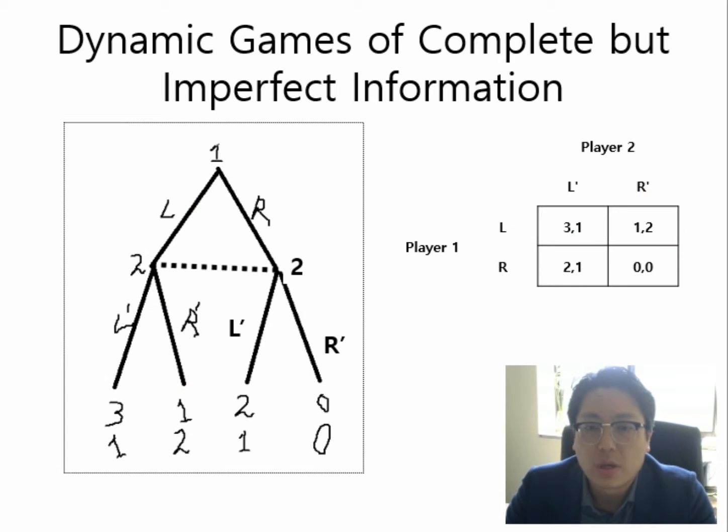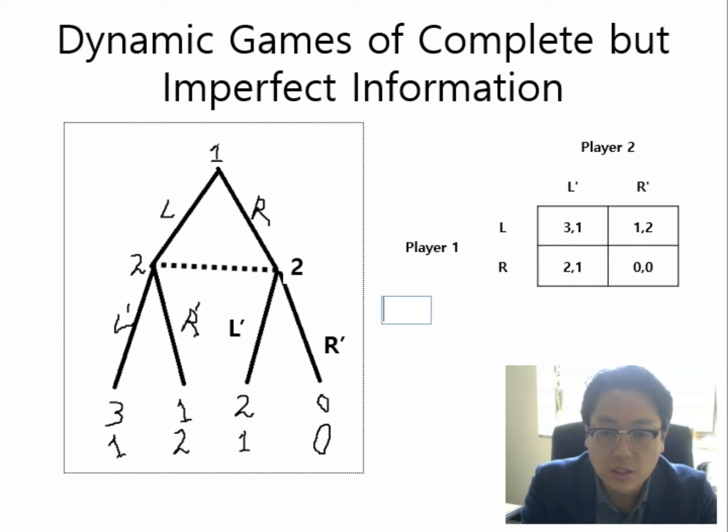Okay, so now I explain the first way to find an equilibrium of this extensive form game. The first way is to transform this extensive form game to a normal form game, and in the normal form game we try to find a Nash equilibrium. As I already explained, there are two types of equilibrium.